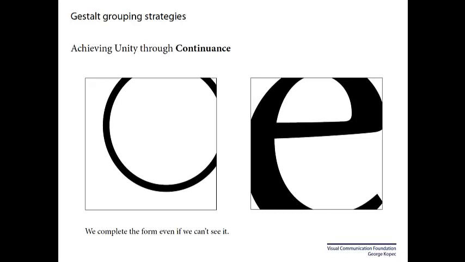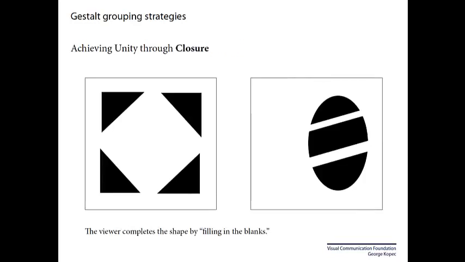And once again, on this screenshot you're looking at, there is no circle here anywhere. But your brain is just connecting this up with continuance. So just to repeat, continuance is filling in the blanks, but you're going outside the field of vision. Closure is filling in the blanks inside the field of vision.